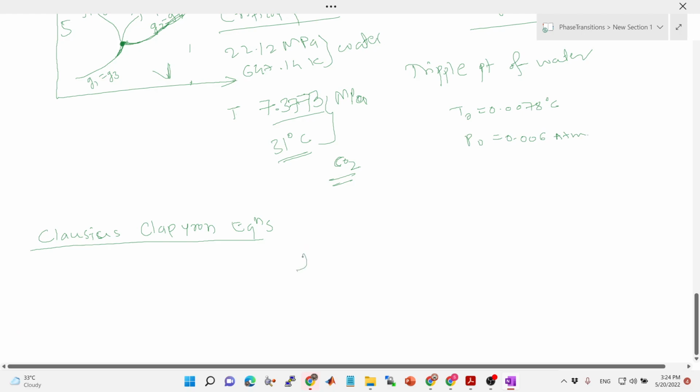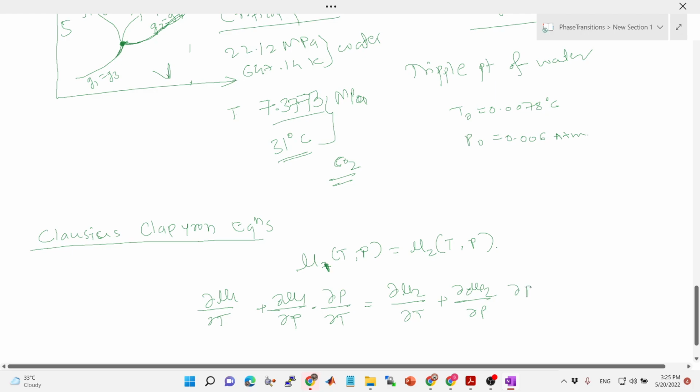So as we know, at equilibrium during the phase transition, mu1 should be equal to mu2, and if we take the total derivative of mu, we should be able to get delta mu1 upon delta T plus delta mu1 upon delta P times delta P by delta T. This should be equal to delta mu2 upon delta T plus delta mu2 upon delta P into delta P by delta T.